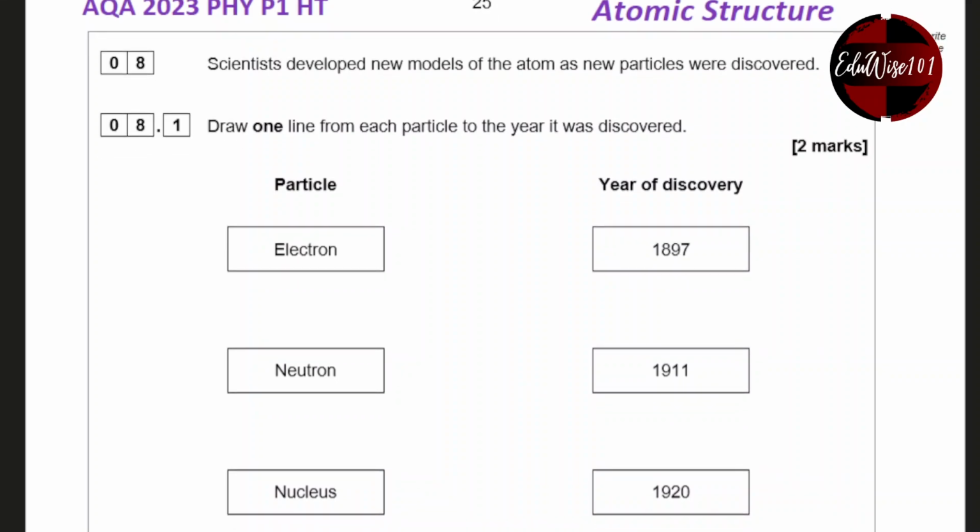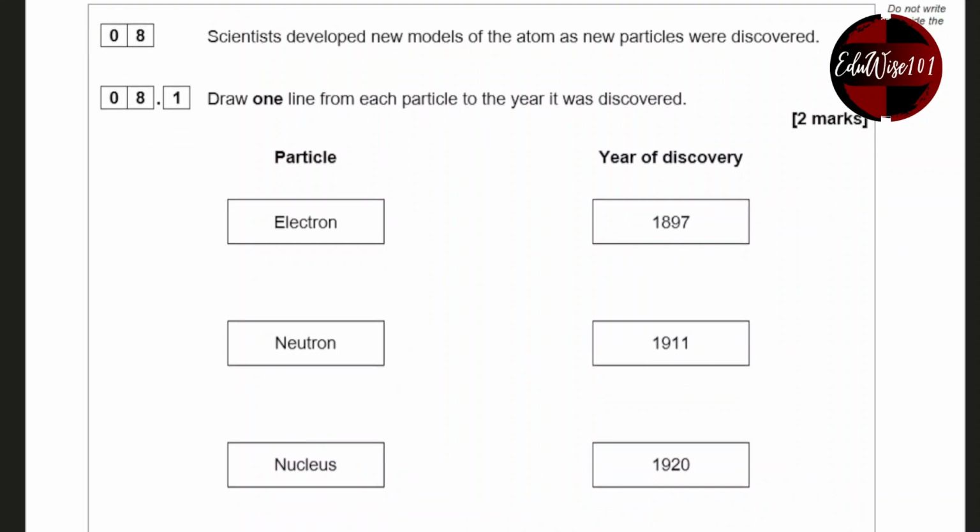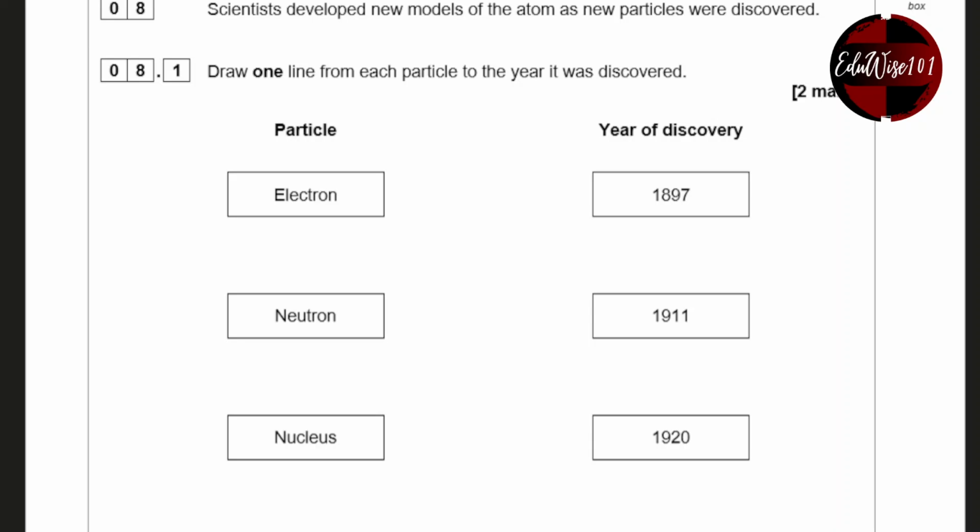Now, you don't really need to remember the years, but you do need to remember the order in which they were actually discovered. So, the first particle that was discovered was the electron, which is in the late 18th century.